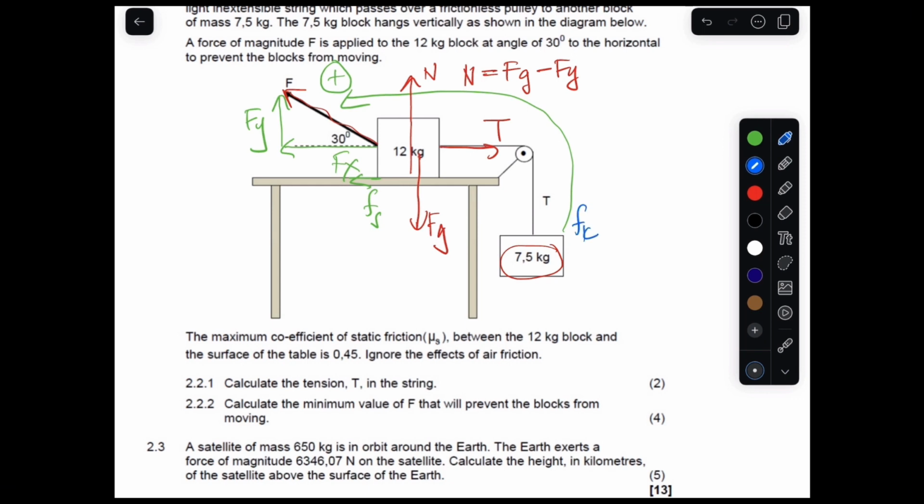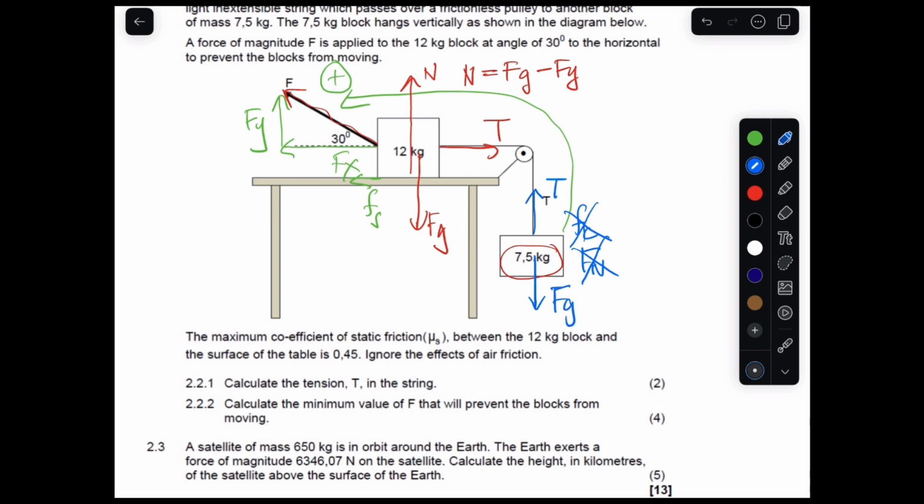There's no friction, no normal force here. Always in the object that is hanging, or suspended, there will be no normal force. So there will be a tension force in that direction, and there will be a gravitational force.